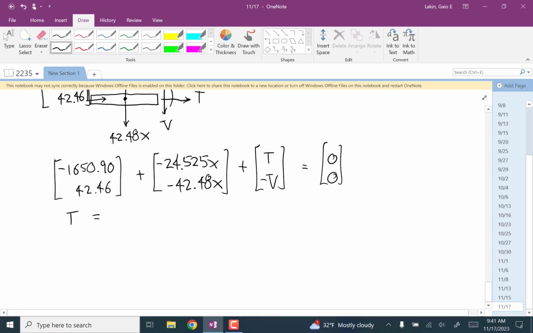And so internal tension is positive 24.525x plus 1650.90. Shear force is negative 42.48x plus 42.46.